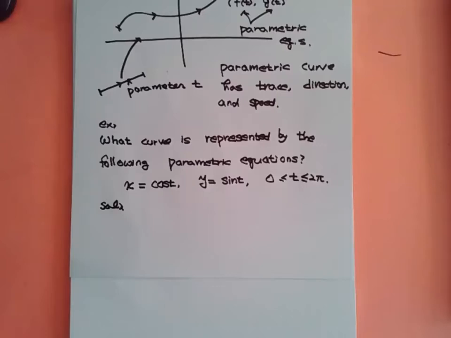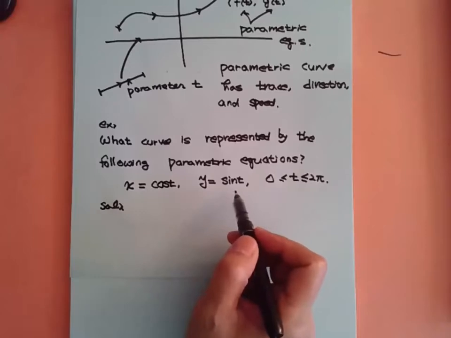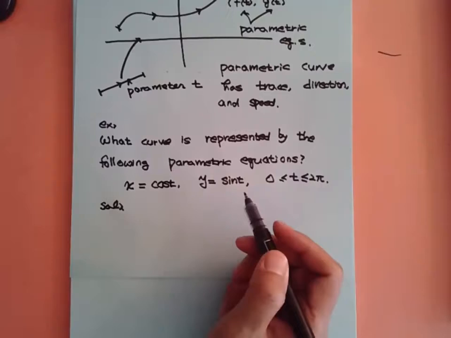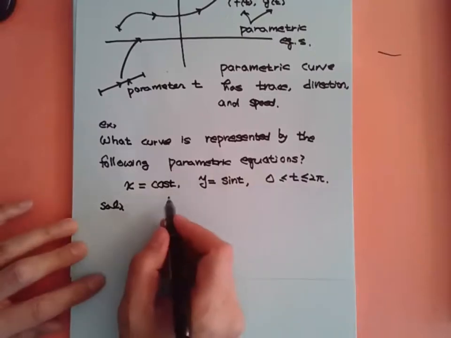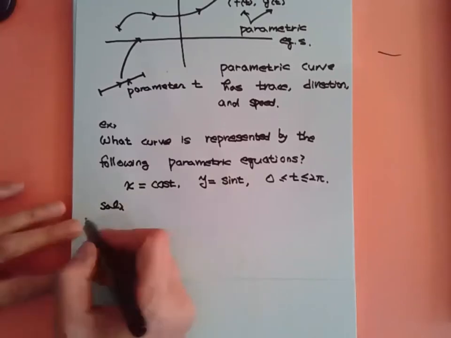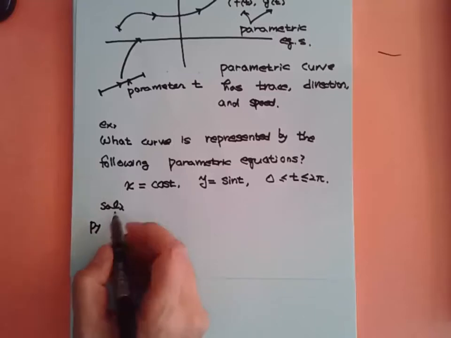Yesterday, we used the elimination of parameter method. We will apply the same method, but differently. x is cosine of t and y equals sine of t. If we think about the Pythagorean formula, then we can eliminate t, and we can create the equation which involves only x and y.